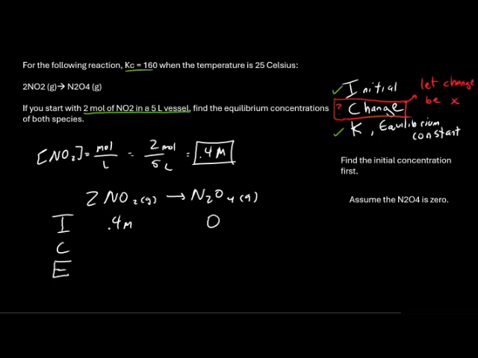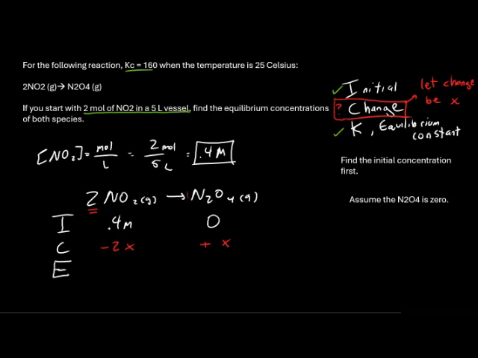Now, since we have a 0 on the right side, we can safely assume we'll be reacting toward the 0. This means that we're going to gain some product, and we're going to lose some reactant. When you write your changes, be mindful of your coefficients. The coefficient in front of NO2 is a 2, therefore we're going to say minus 2x for the change on the left.